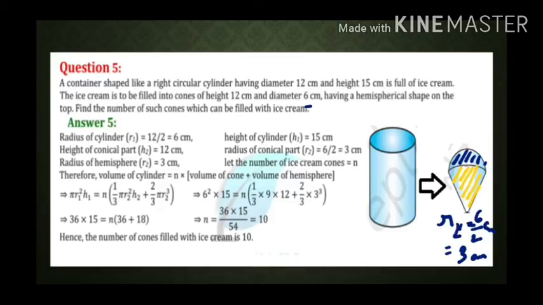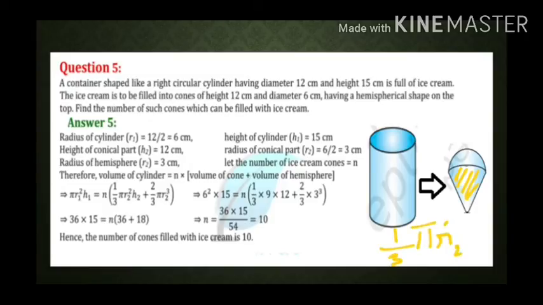Look at here, the diameter is 6, that is why the radius will be 3 cm, and h2 is given as 12 cm. So you can easily find the volume of this conical section by the formula 1 by 3 pi r2 square h2.